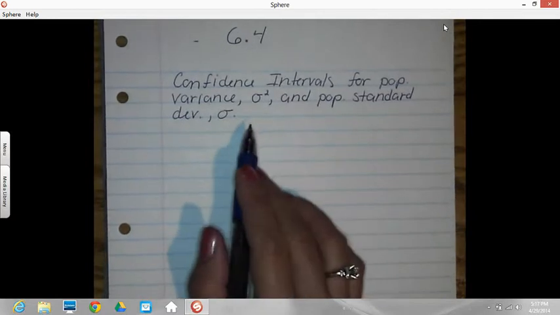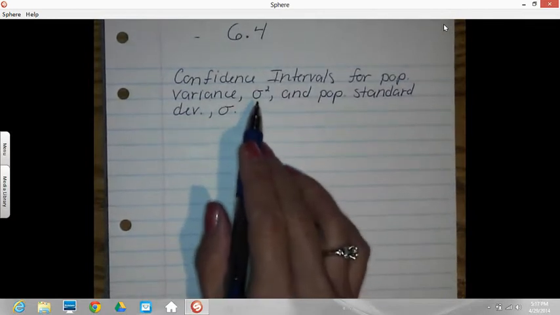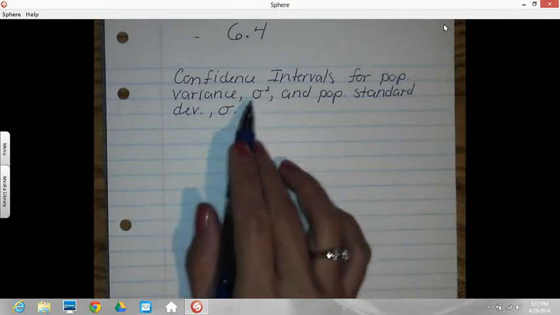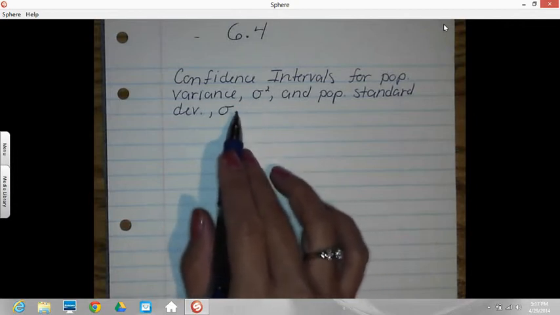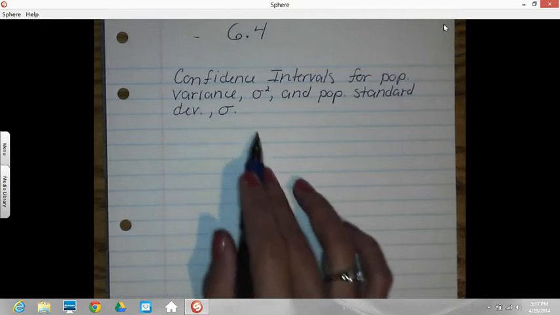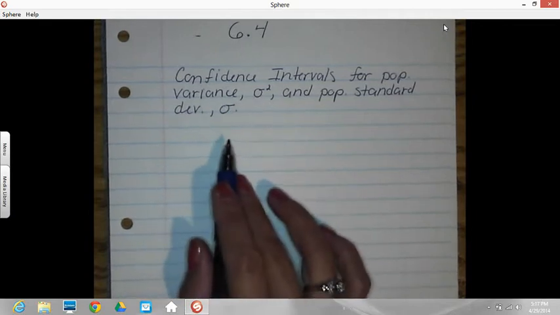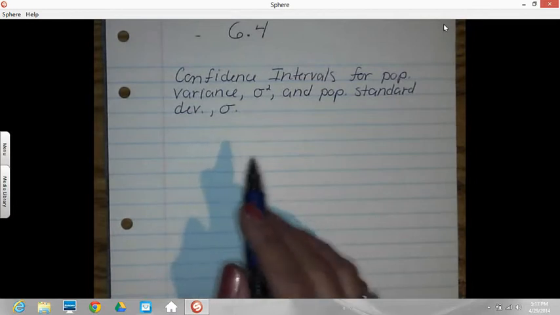So when we do confidence intervals for variance and standard deviation, the distribution of these two is no longer normal. Okay, now the weights are normal, but when we start to look at variance and standard deviation, that's a different distribution. It's called a chi-square distribution.